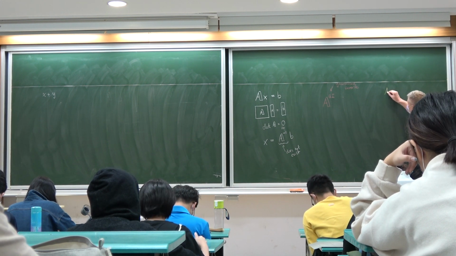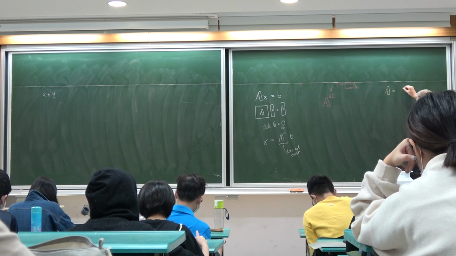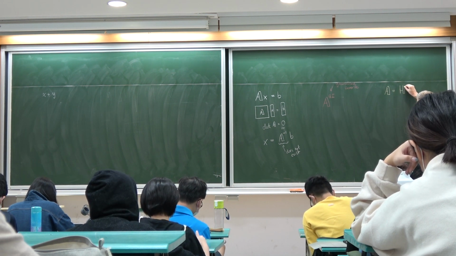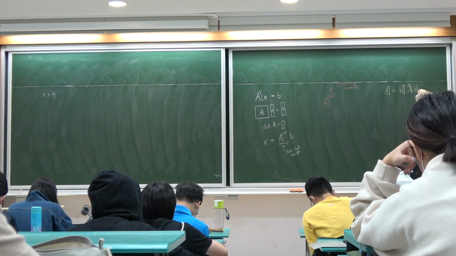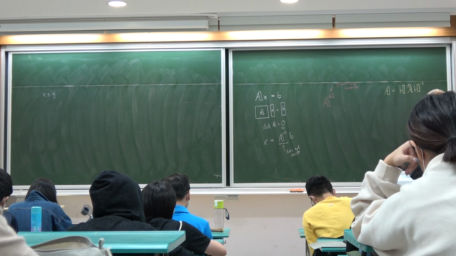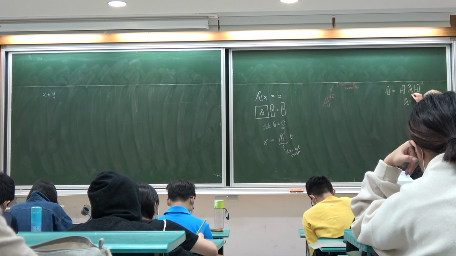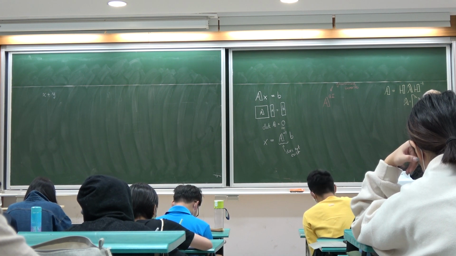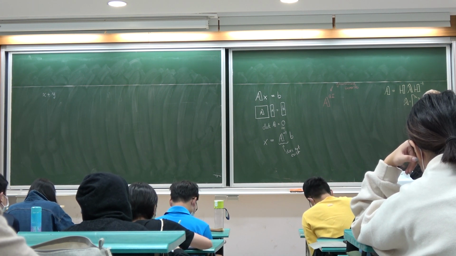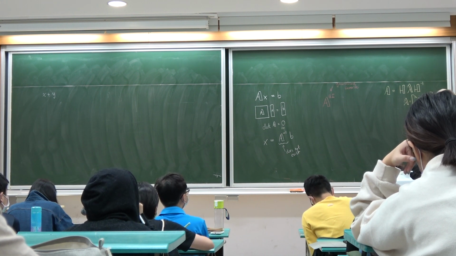When matrix A is non-singular, then it has eigendecomposition, and this diagonal matrix of eigenvalues looks like that.